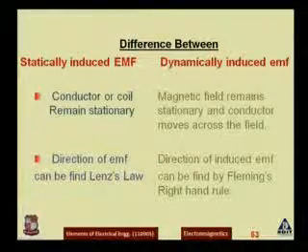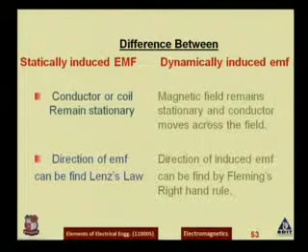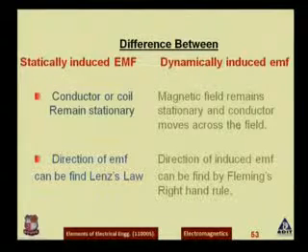So this is the first difference. In the statically induced EMF, the magnetic field is changing, and in the dynamically induced EMF, the magnetic field remains stationary and the conductor moves across the field.